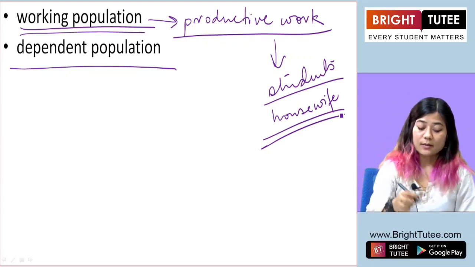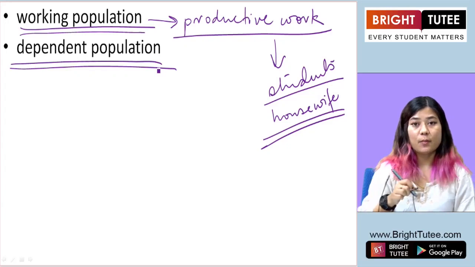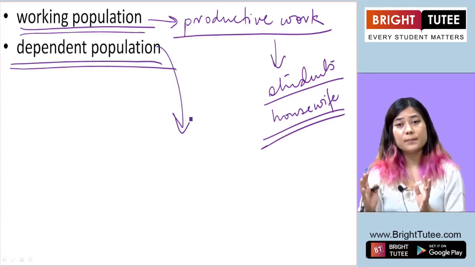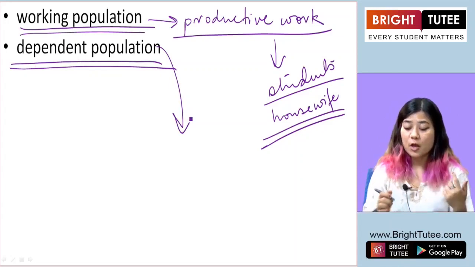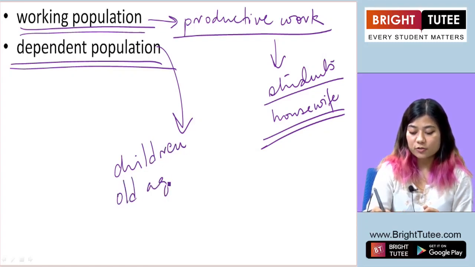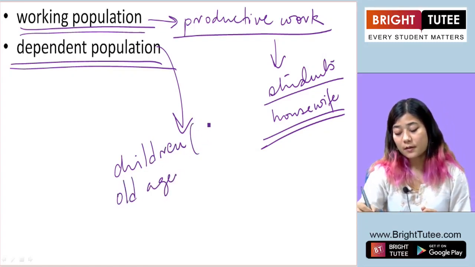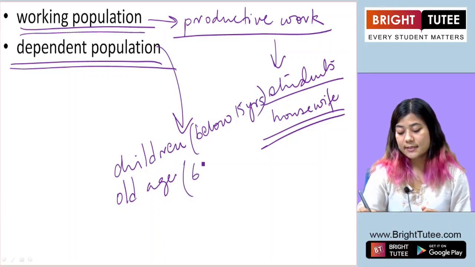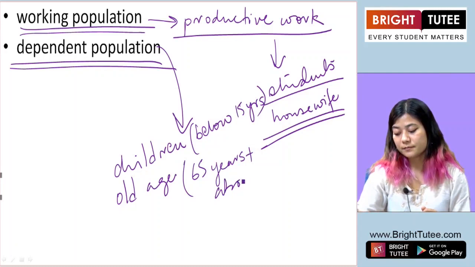The second one is the dependent population. The dependent population are those people belonging to the children age group and the old age group, which are below 15 years of age and 65 years of age and above.